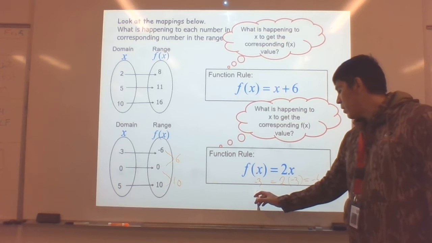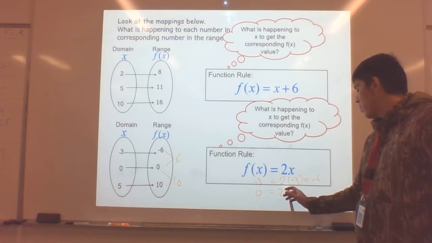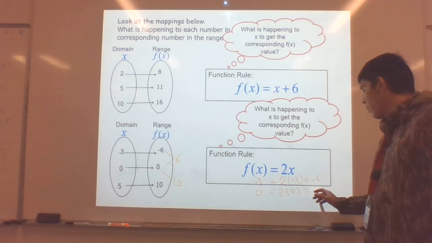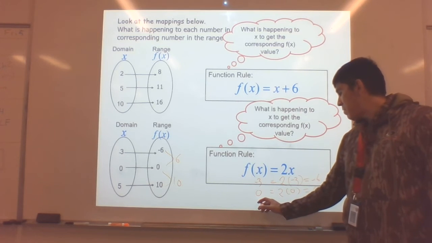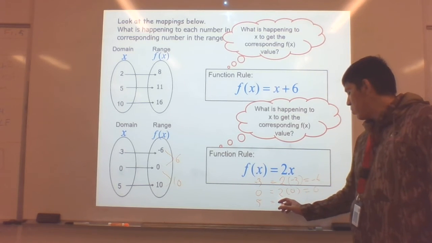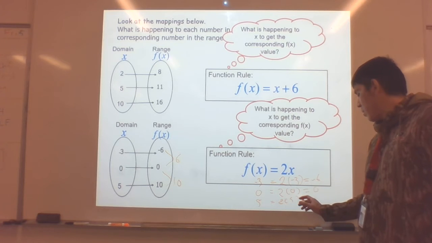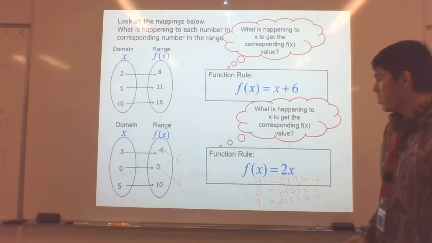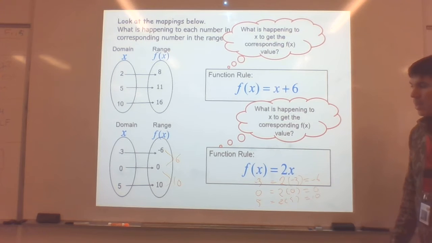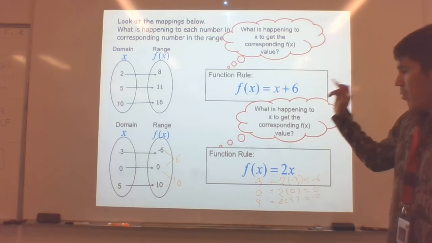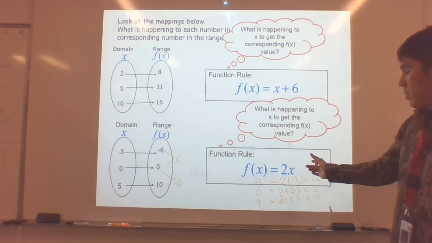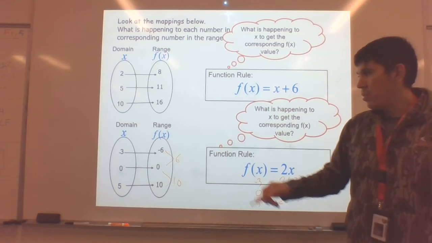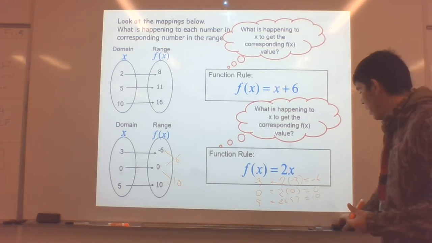I put in my 0, 2 times 0 is just 0. And I get finally 5 for my input, and I get 2 times 5, which is 10. And so that's the rule. All we're doing is looking at what's happening to my outputs as I have those inputs.